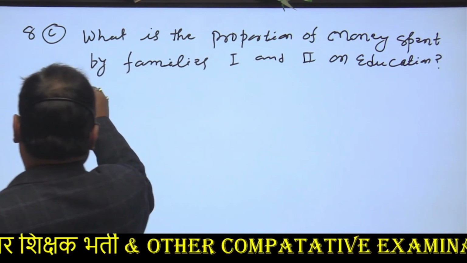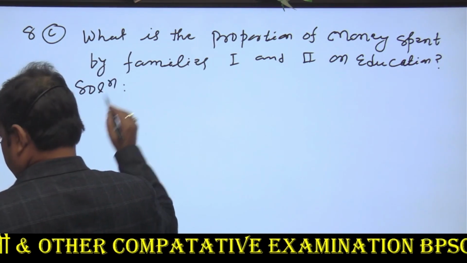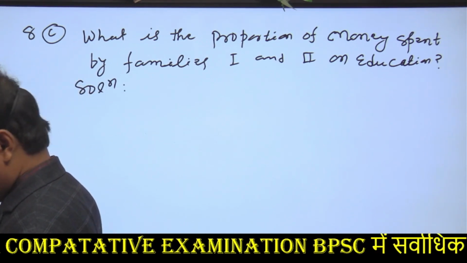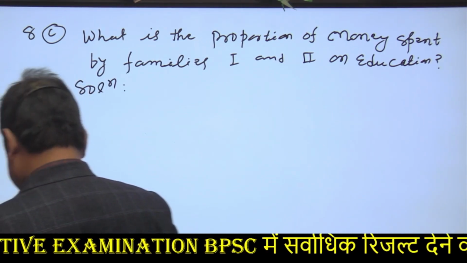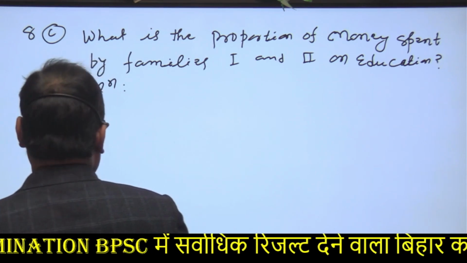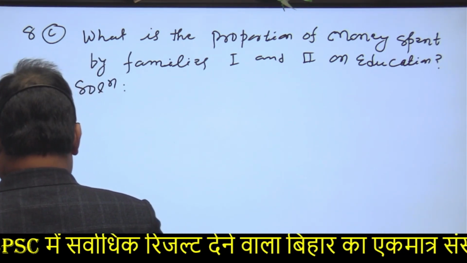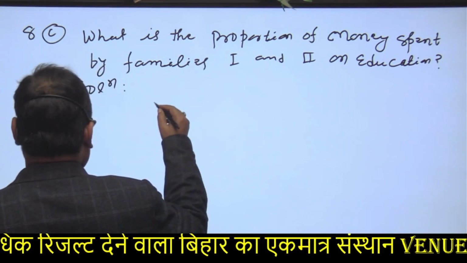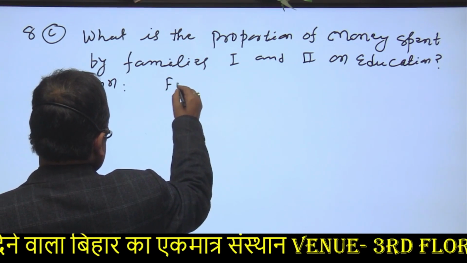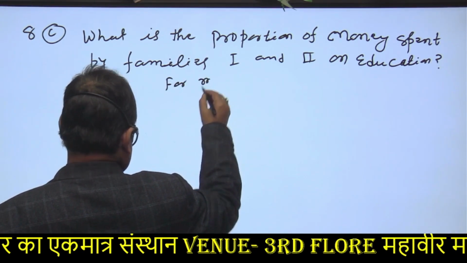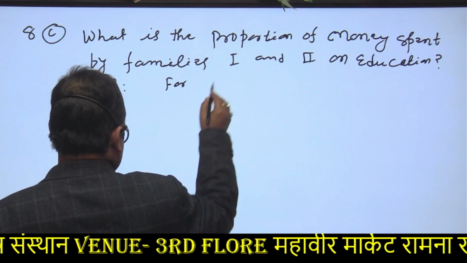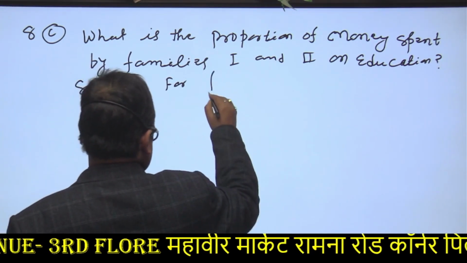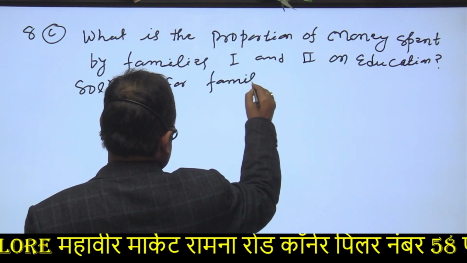Third question in this segment, same process for family 1.